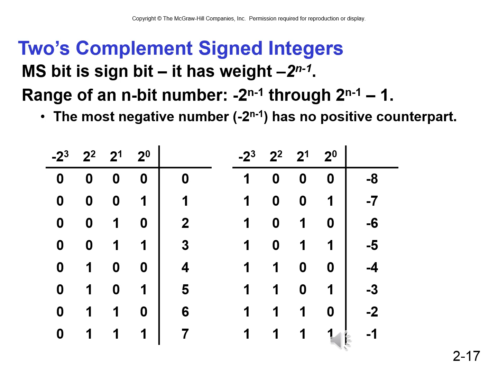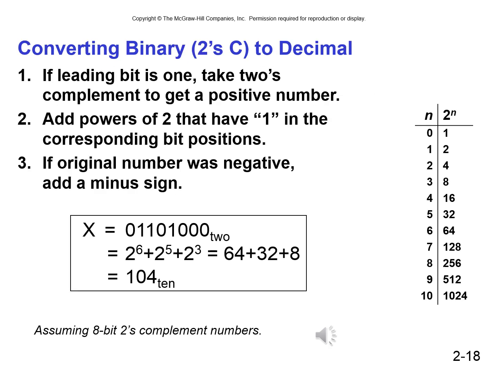signed integer value. It's really simple to convert a binary 2's complement value to its decimal or base 10 equivalent. We've already converted unsigned binary numbers to base 10 decimal numbers.